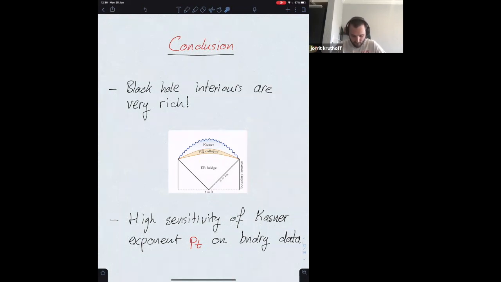So there's a wealth of interesting things happening on the interior, while the exterior remains rather mundane in that sense. And that's all related to the very high sensitivity of the exponent PT on the boundary data, especially the temperature.